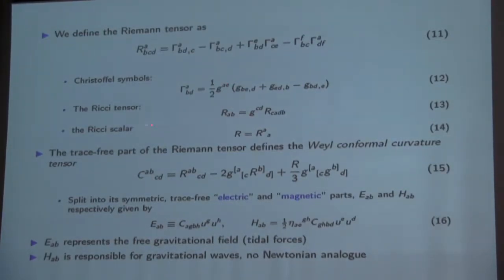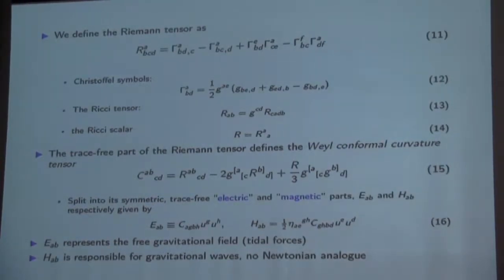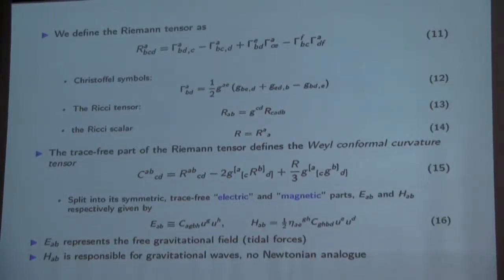And we have the trace-free part of the Riemann tensor, defining the so-called Weyl conformal curvature tensor, given by this expression here, which will be split into symmetric trace-free electric and magnetic components, E_ab and H_ab, which will play a role in the covariant analysis that we're going to look at, defined in this manner as well.